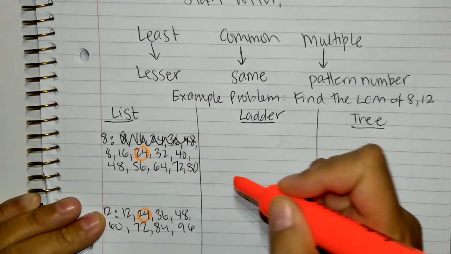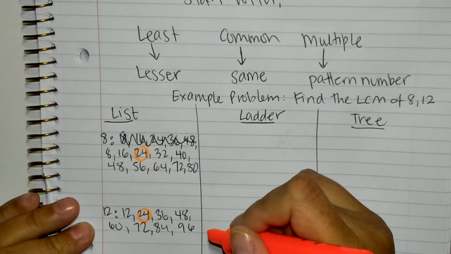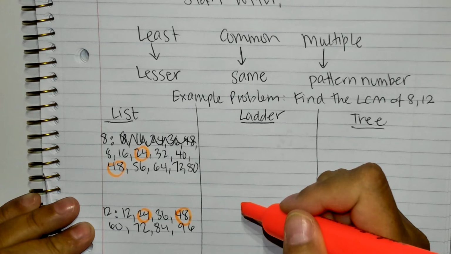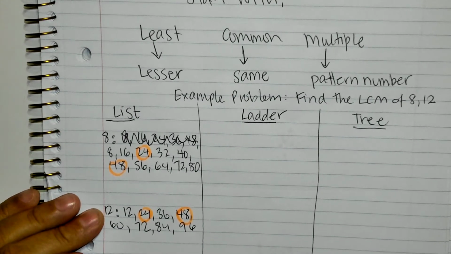So you can probably see that I have a common multiple here and a common multiple here. I have two common ones that I wrote down, but I'm looking for the lesser.